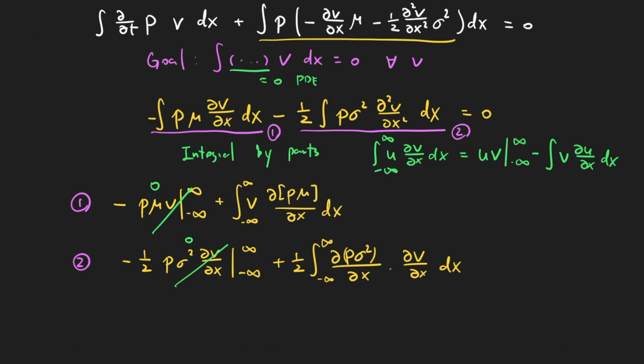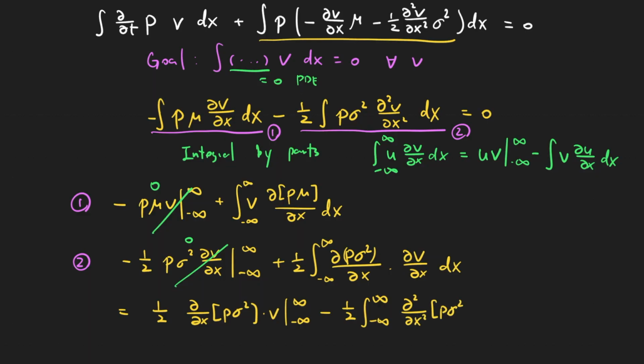And then we're just going to apply the integral by parts one more time. So that will be a half times partial x acting on p times sigma square, times v, and then minus a half, the second partial derivative acting on p and sigma square, times v.